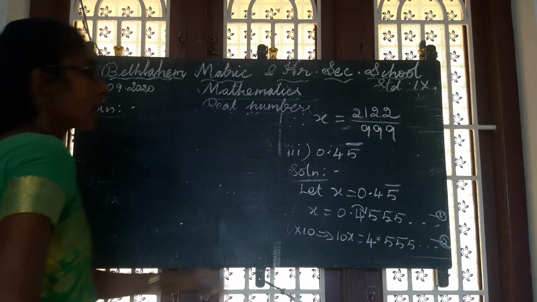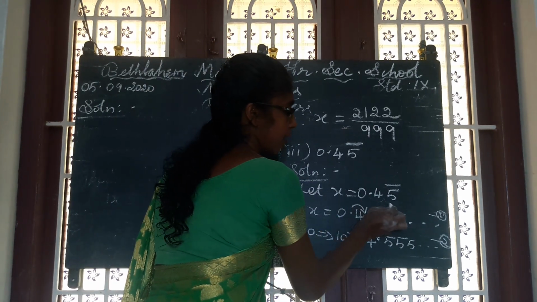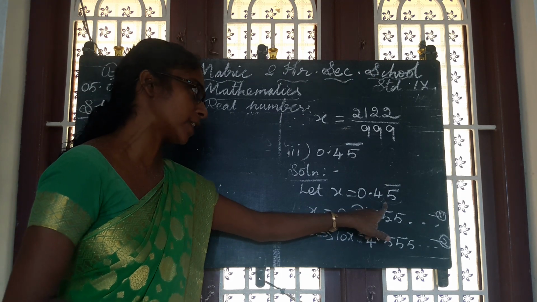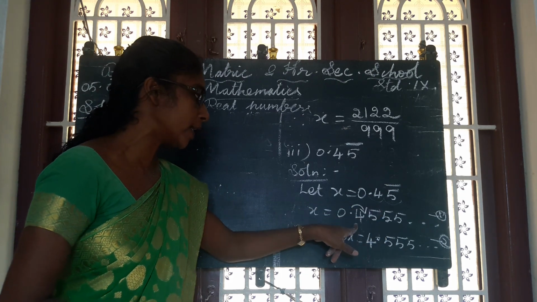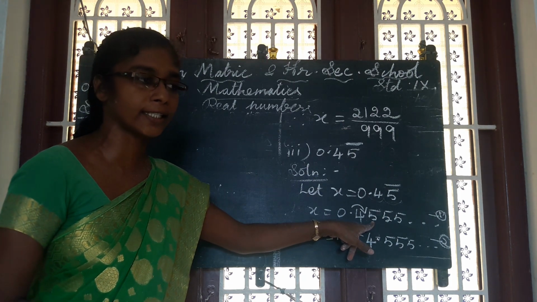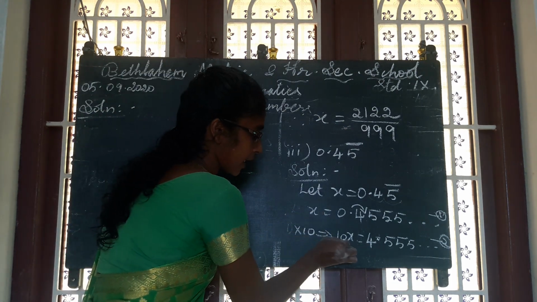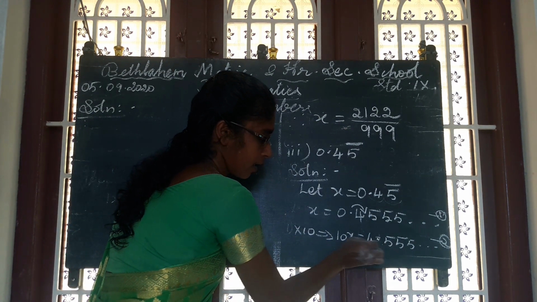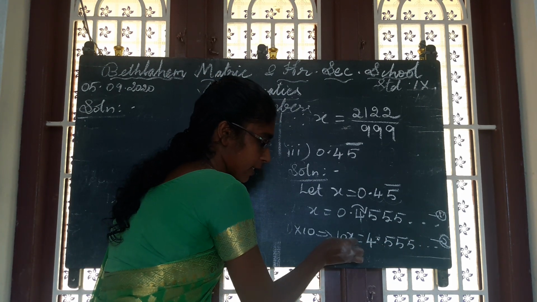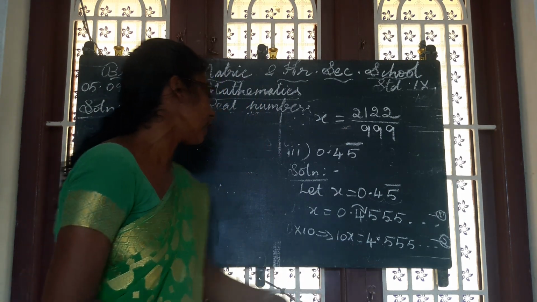Again, listen here. From the 10th digit onwards the digit is repeating, is it? Hereafter which digit is repeating? In 10x, hereafter one digit is repeating. Again this equation 2 into 10 we want to take.